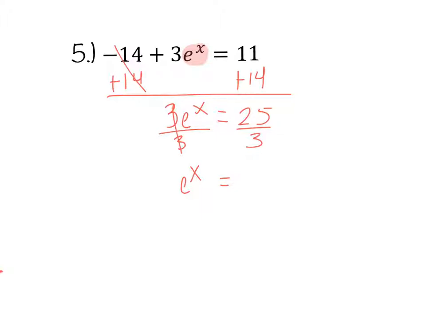To be as accurate as possible, I'm going to leave the 8.333 in my calculator, because the next step here is to apply the log to both sides. Now, because this is a base e exponential, we have to use the natural log, and that's very important. If you use a regular log, it's a different value.